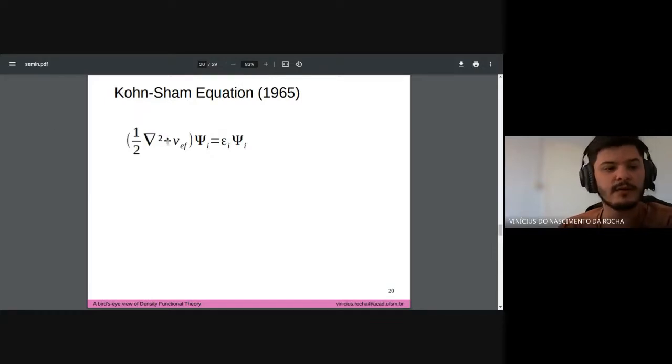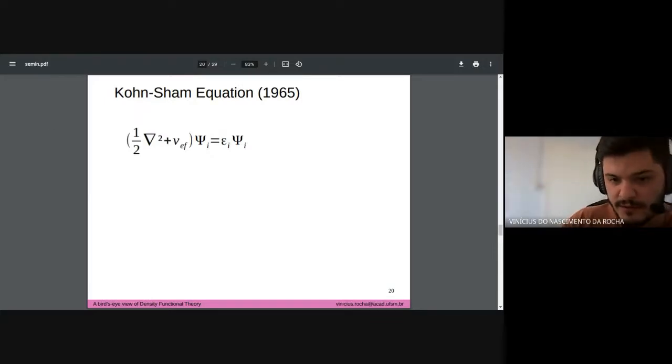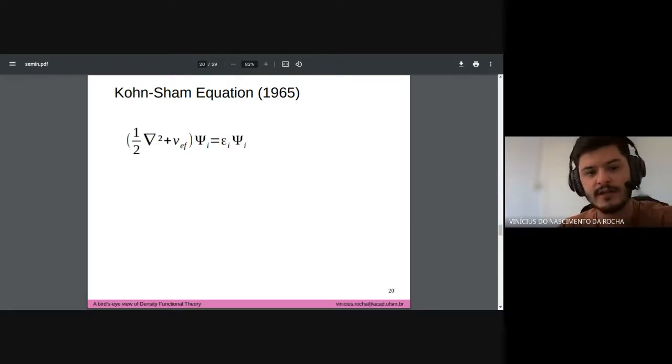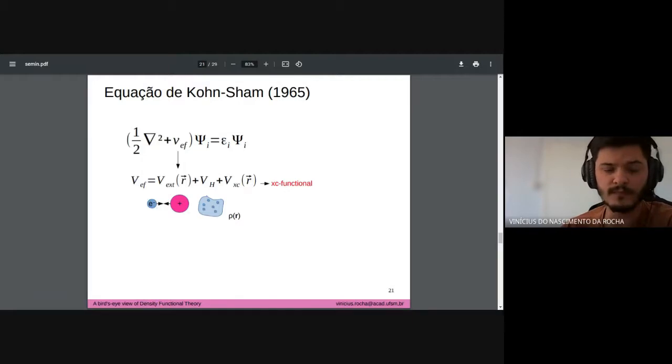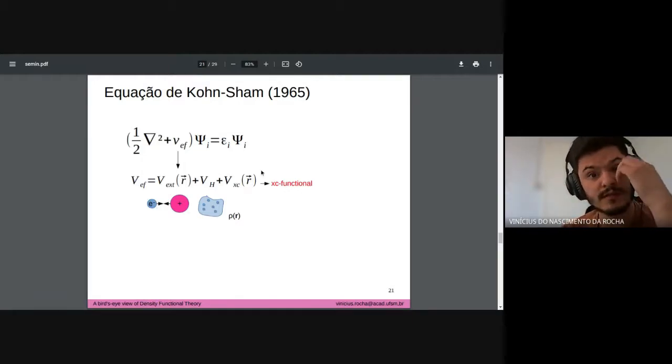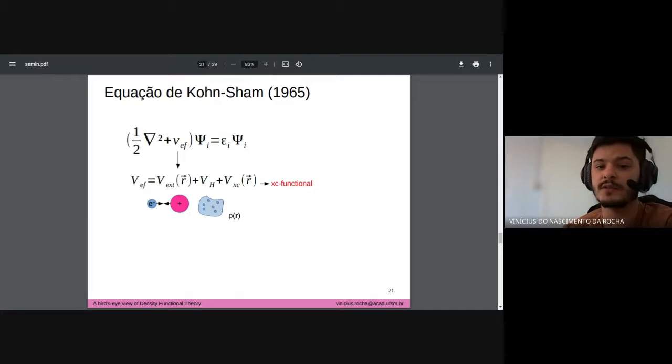So the theorems shown in the previous sections do not give an exact expression for energy as a density functional. Nor do they show how to find the shape of these densities. Therefore, it remains to determine an analytical expression for each of the terms of the energy functional in terms of the electron density. So in 65, Kohn and Sham introduced the use of the concept of an independent particle frame of reference.